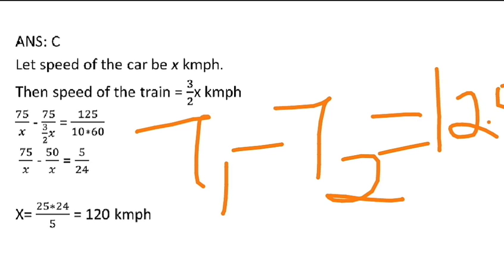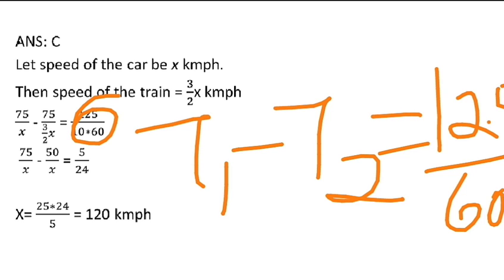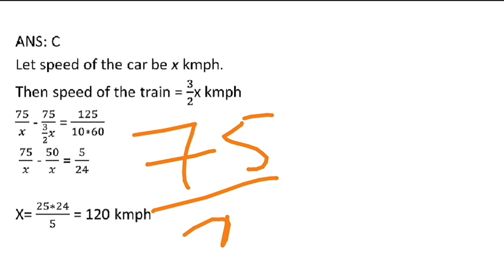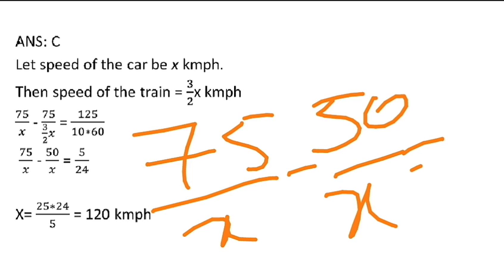So we have to convert this to hours, divided by 60. If you want to make it easier, you can multiply and divide by 10. Finally you would get the equation 75 by x minus 50 by x is equal to, if you simplify this, 5 by 24.